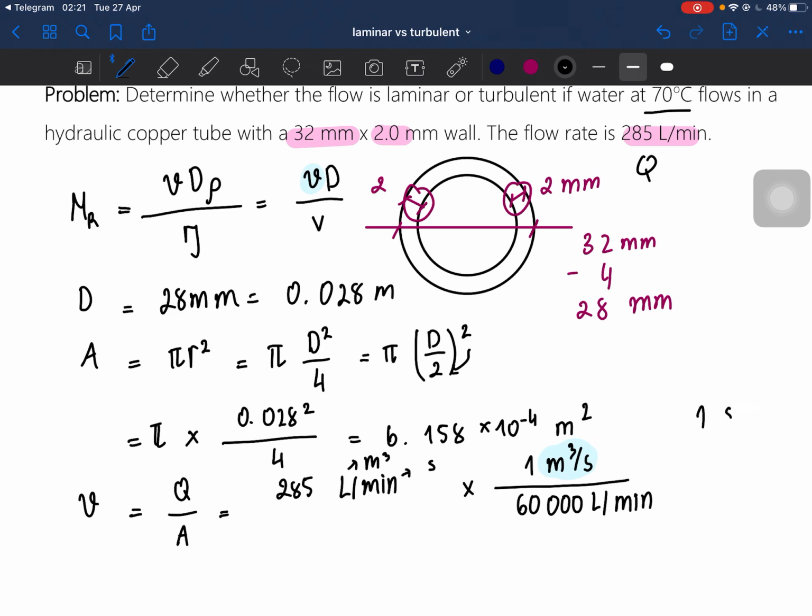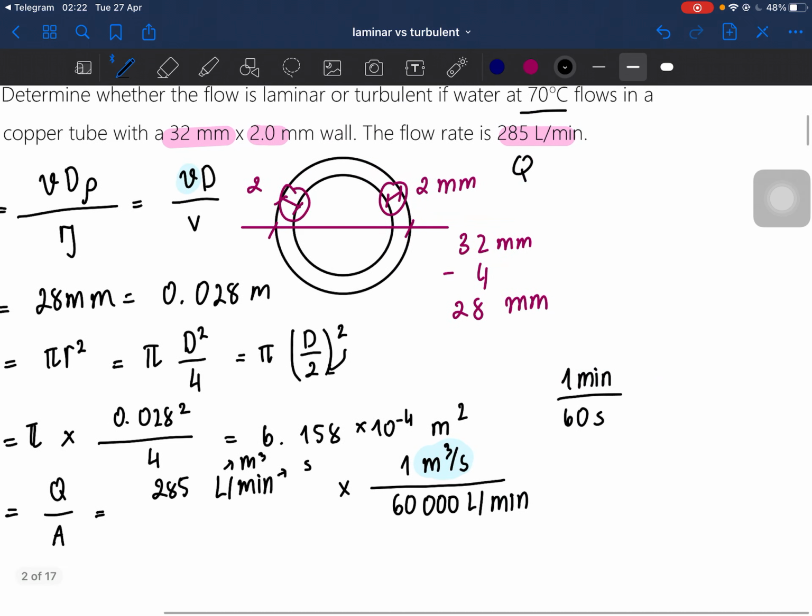Because 1 minute is 60 second, and 1 meter cubic is 1,000 liter.